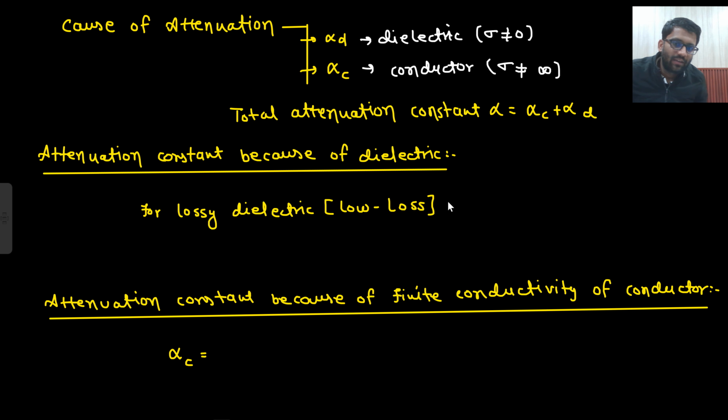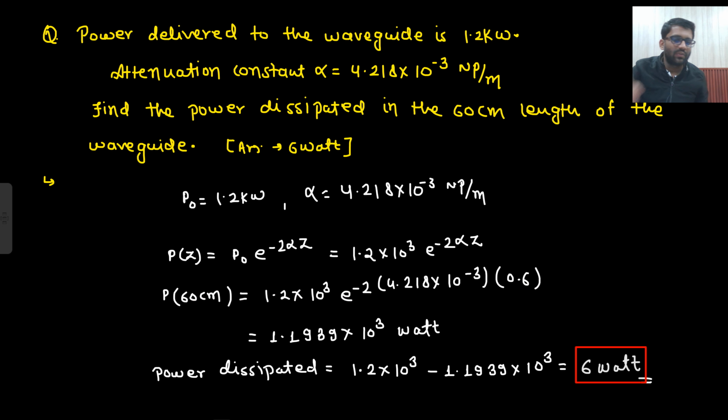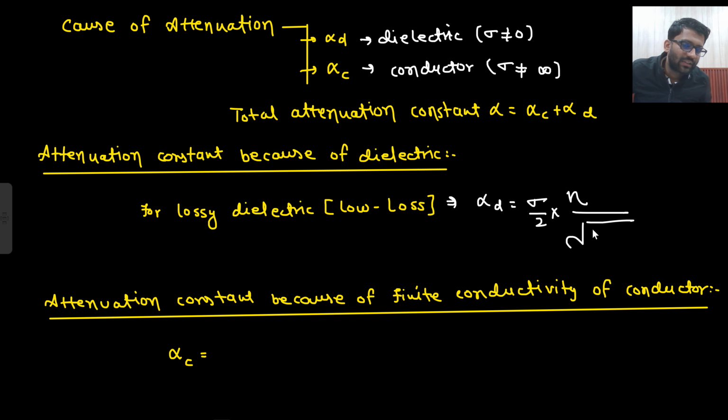So alpha d is equals to sigma by 2 into neta. So this was the formula for general case. Since it is a guided propagation, another factor will come into action, that is under root 1 upon fc by f whole square. This factor is not new to you, right? This factor is already known to you. So this is your alpha d.